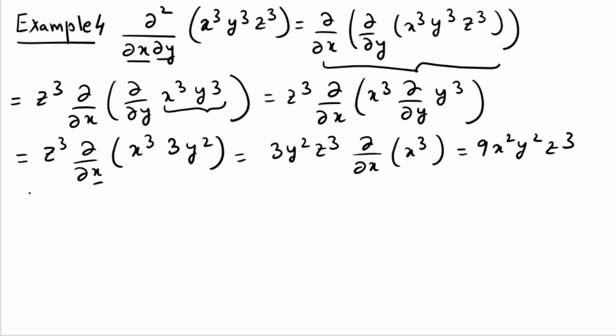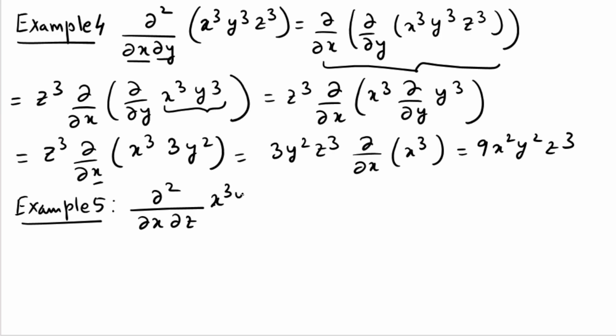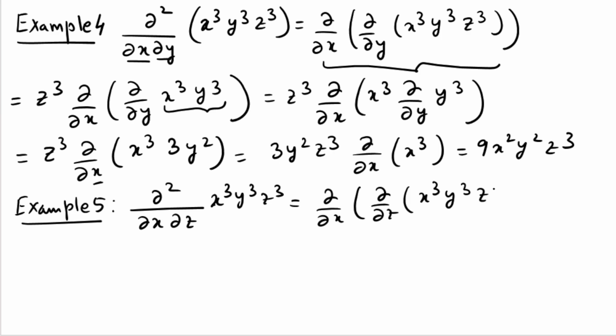Let us look at one more example. Now this time, let's do the following. ∂² ∂x ∂z. I can write this as ∂/∂x ∂/∂z of x³y³z³.